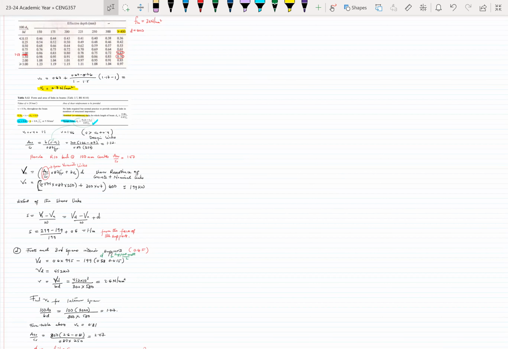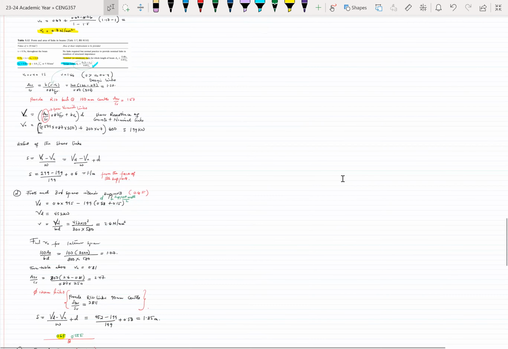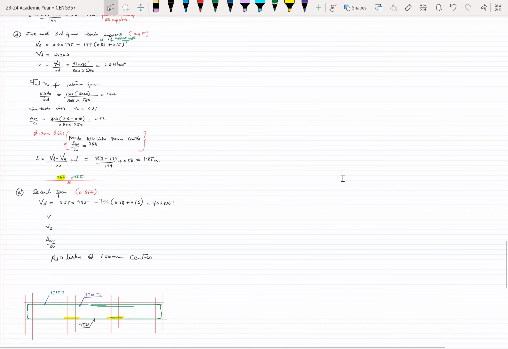Then for the interior support with the 0.6 F, we were to provide, let's say, R12 at 90 and it spans 1.85 meters.